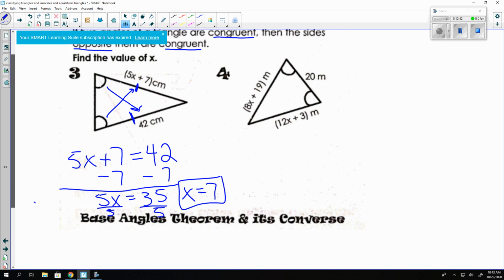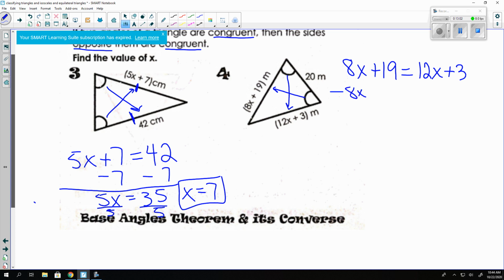Again, we see we have two congruent angles. So those sides across from them are going to be congruent. So we set them equal. So 8x plus 19 is going to be equal to this 12x plus 3. I'm going to take my smaller x over to my bigger one.